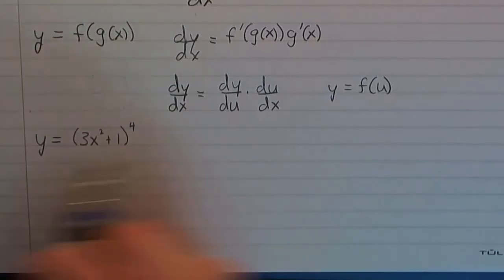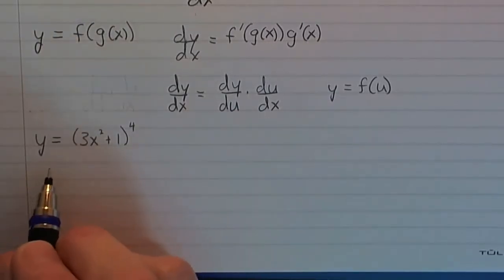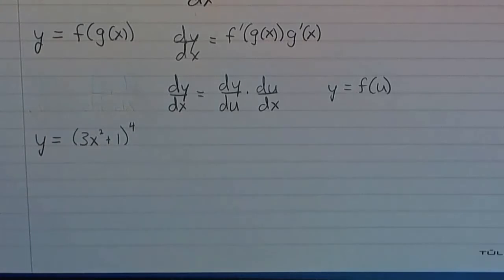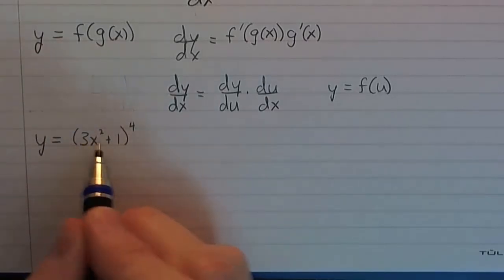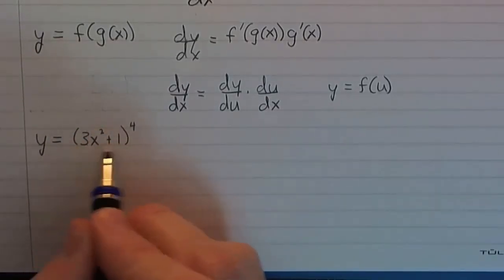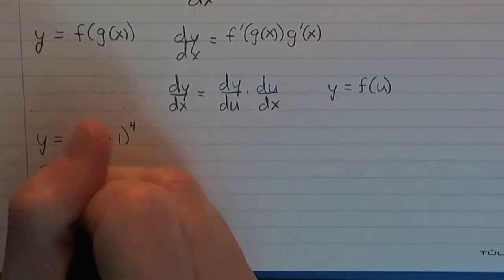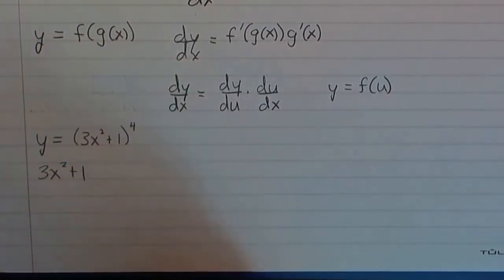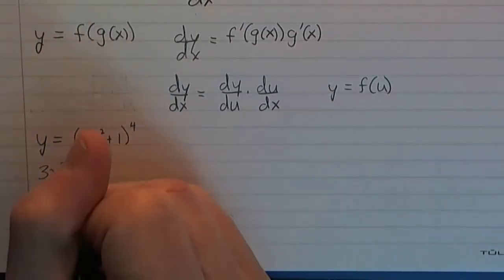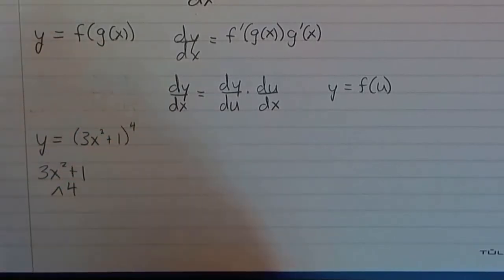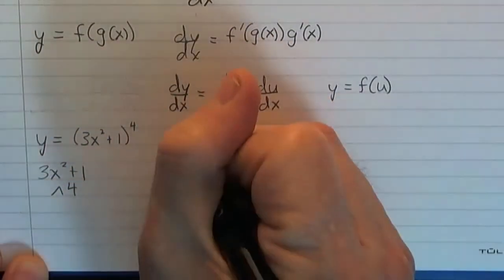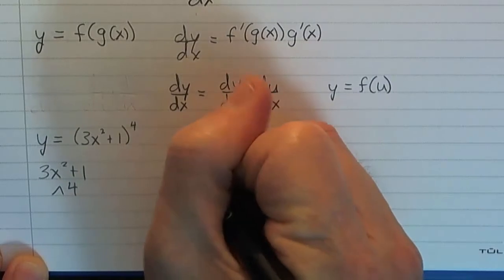To keep track of the order, think about evaluating this function. If you had a number to plug in for x, the very first thing you would do is compute 3x squared plus 1. Then you would raise that result to the fourth power. So you go backwards when you're differentiating.